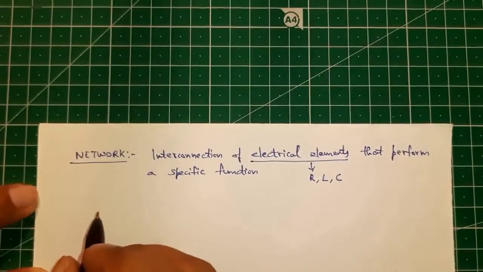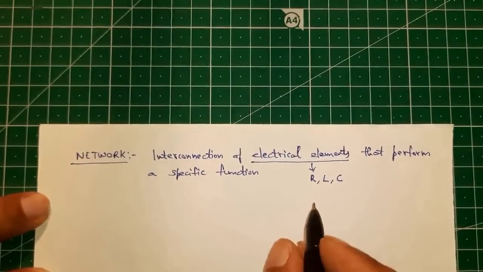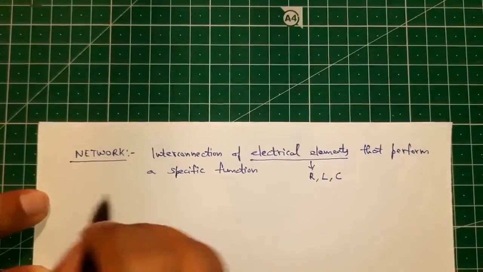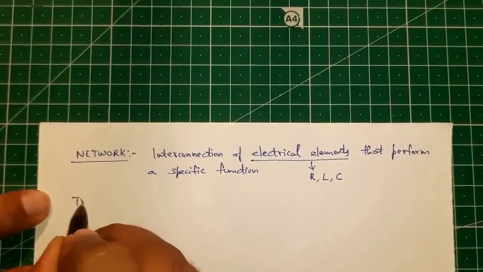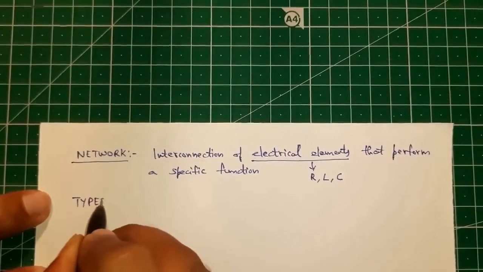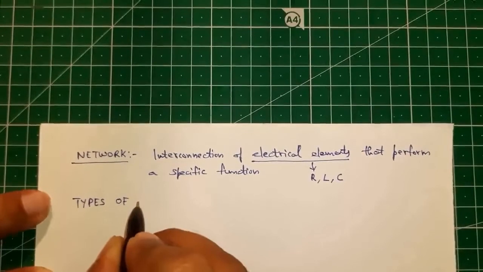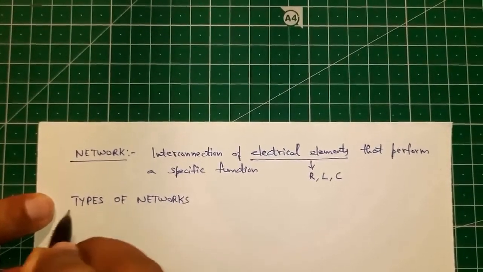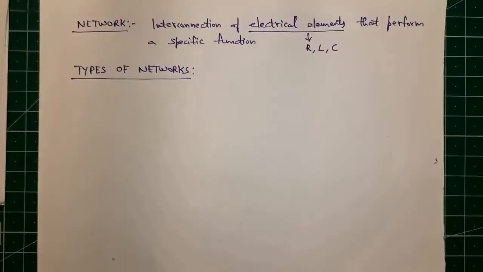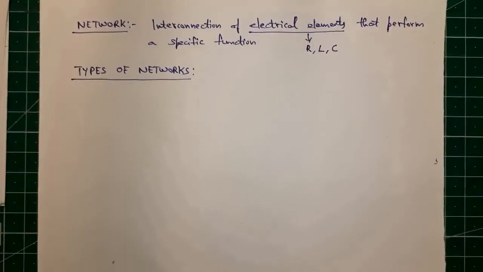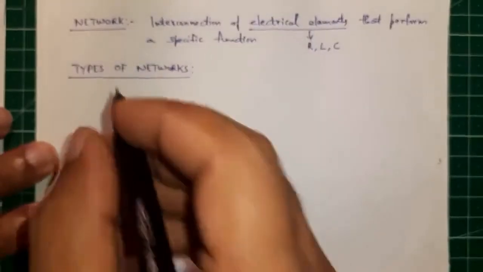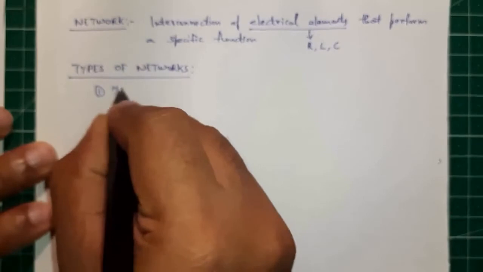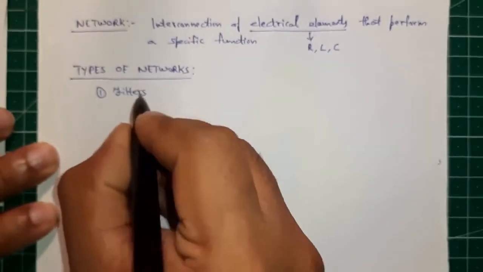Also in this course, we are basically interested in 4 major types of networks. So we can define certain types of networks. Okay, so what are those network types? First category we can call as filters.